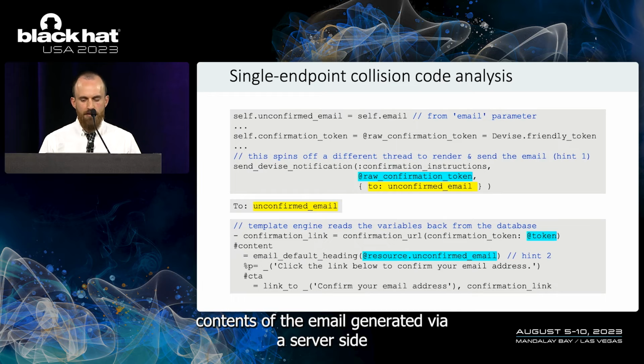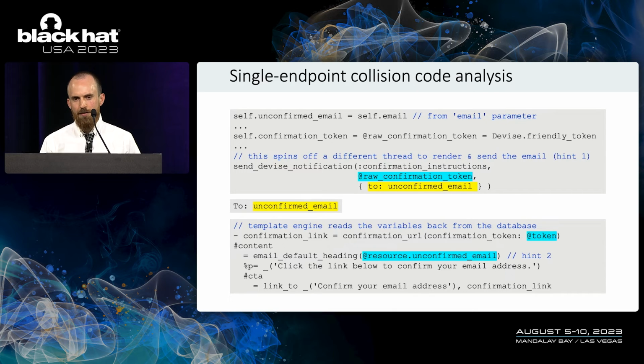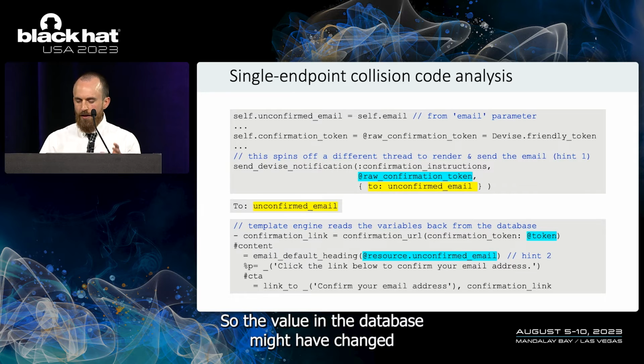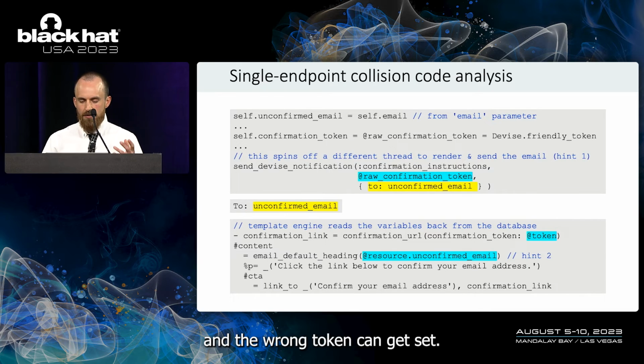But the contents of the email are generated via a server-side template engine, which reads the security token back in from the database. So the value in the database might have changed in that intervening time period of maybe 1 millisecond, and the wrong token can get sent.